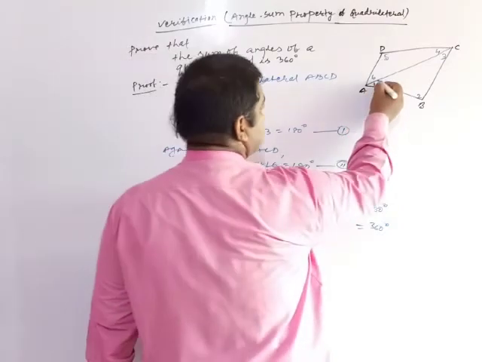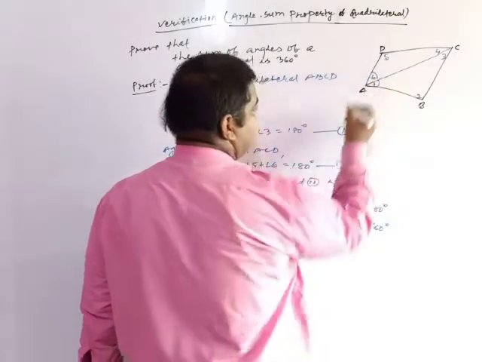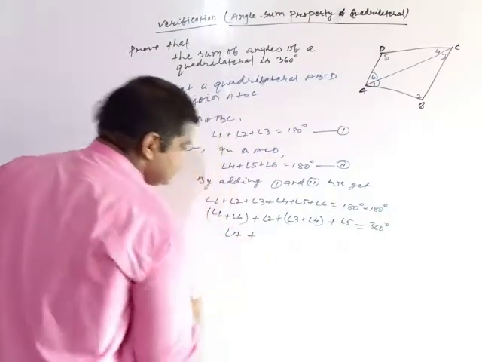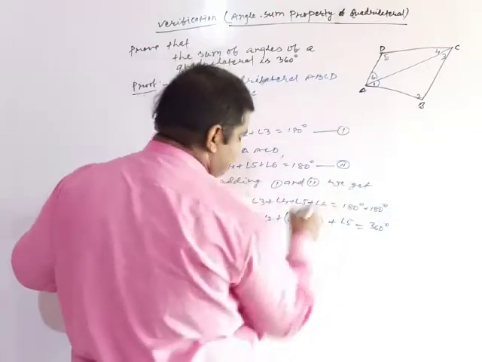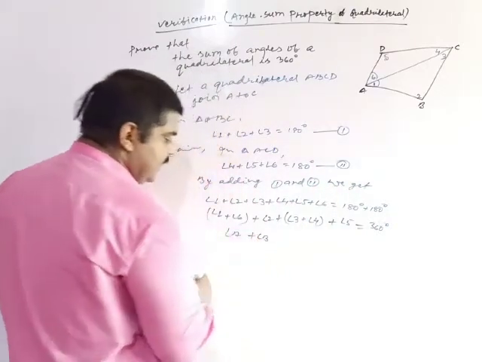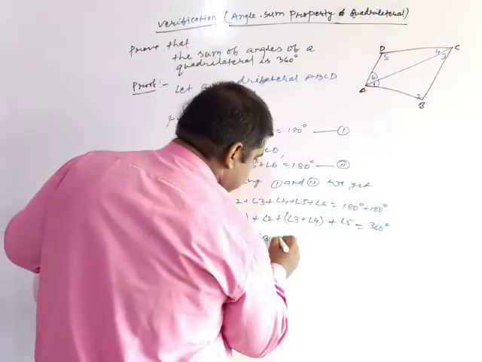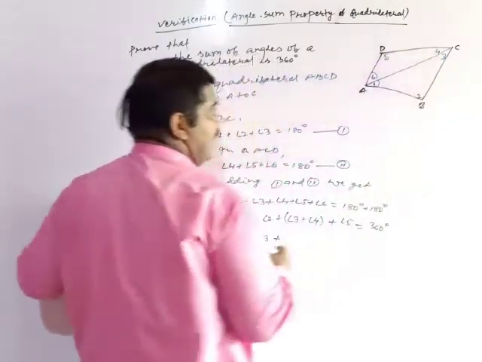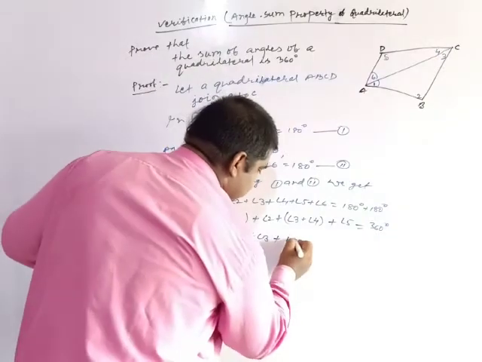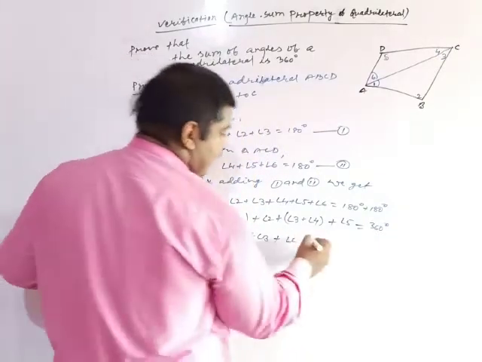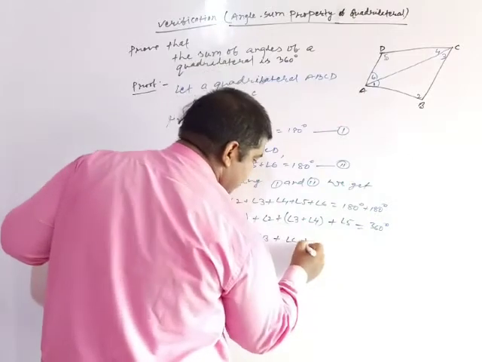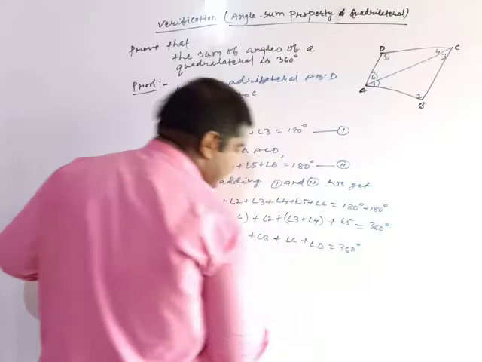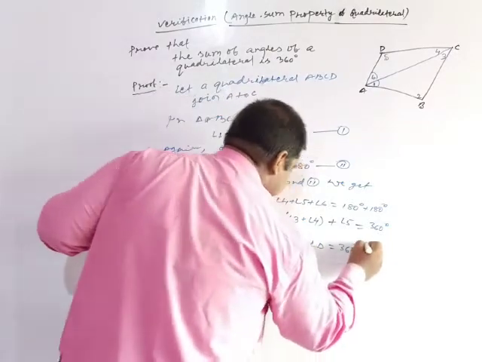In this figure you can see that angle 1 plus angle 6 is equal to angle A, angle 2 is equal to angle B, angle 3 plus angle 4 is equal to angle C, and angle 5 is equal to angle D, and this is why it is equal to 360 degrees.